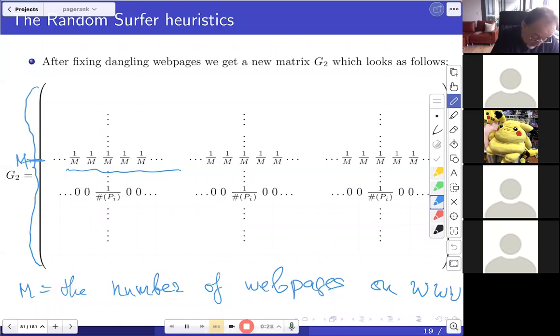But now we have to address the problem of isolated islands, and the problem of periodic web pages, ones where following the links that come back to that web page always produces a loop divisible by a fixed number.